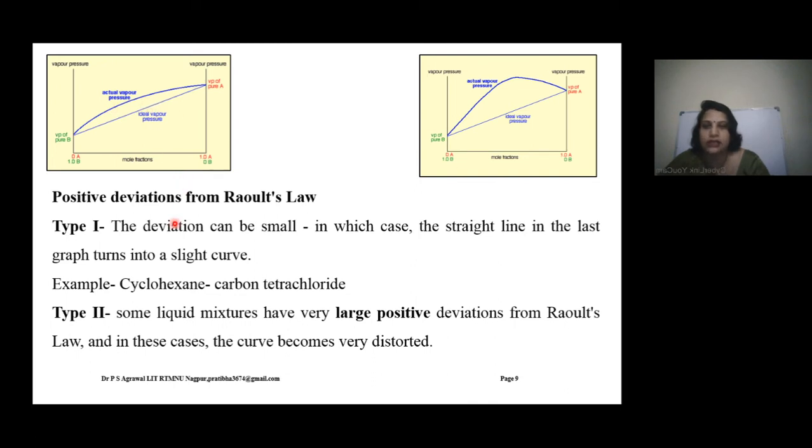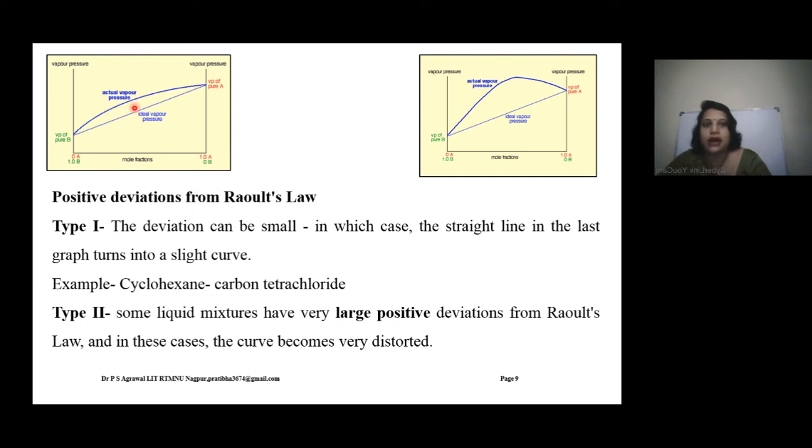An example is cyclohexane and carbon tetrachloride. This is an example showing small positive deviation. The vapor pressures of the components are slightly greater than that expected from Raoult's law.